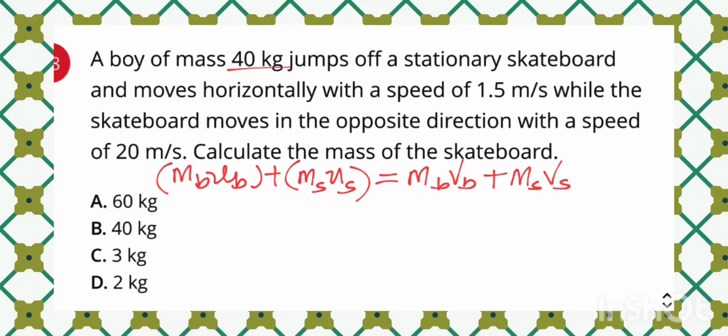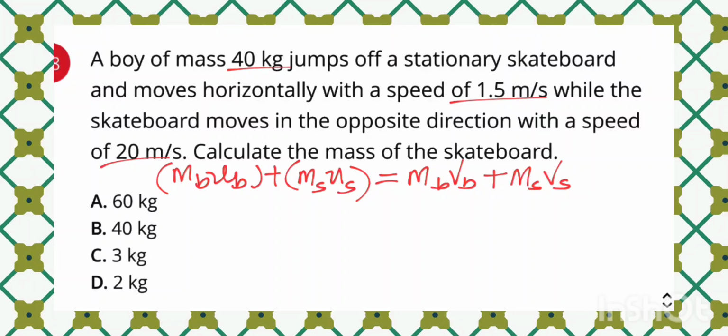They said a boy of mass 40 kg jumps off a stationary skateboard, so the initial velocity of that boy is also 0 because it's starting from rest. This 1.5 meters per second is the velocity of the boy after collision. Then 20 meters per second is for the skateboard, in the opposite direction.